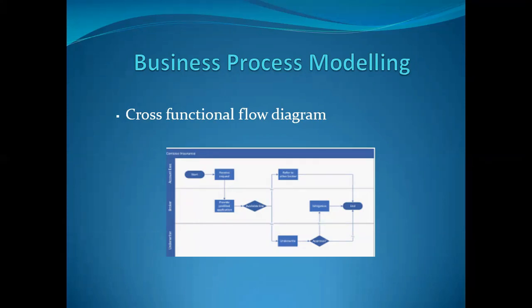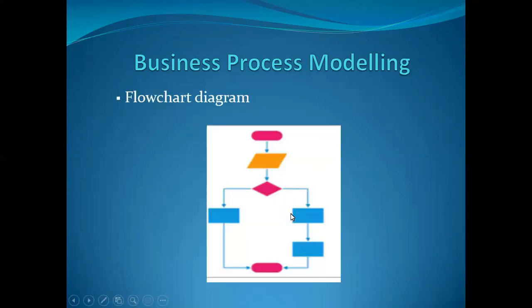But sometimes they may just say, I just want you to draw the flow charts. They are not keen on seeing who is doing what. Then you can use the flow chart. But if they are keen to map the process, where you know that it involves more than one department or more than one role, then definitely you will need to use the swim lane.